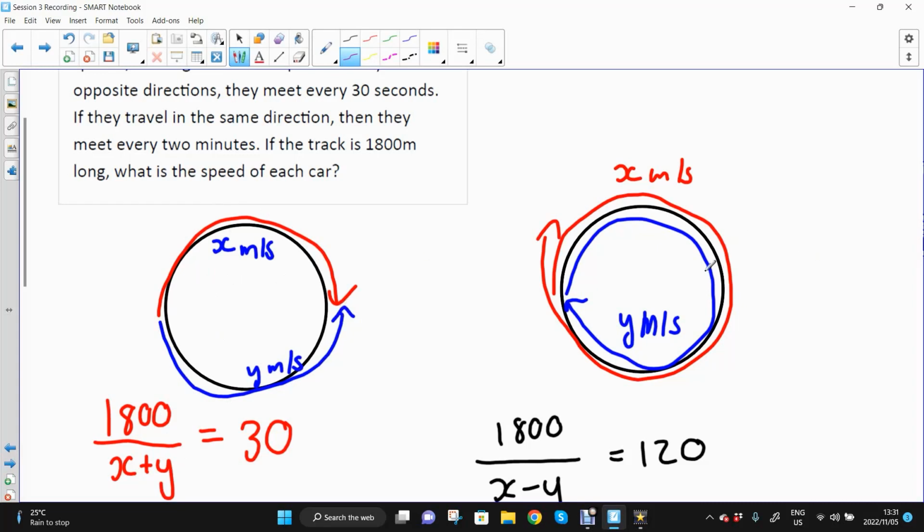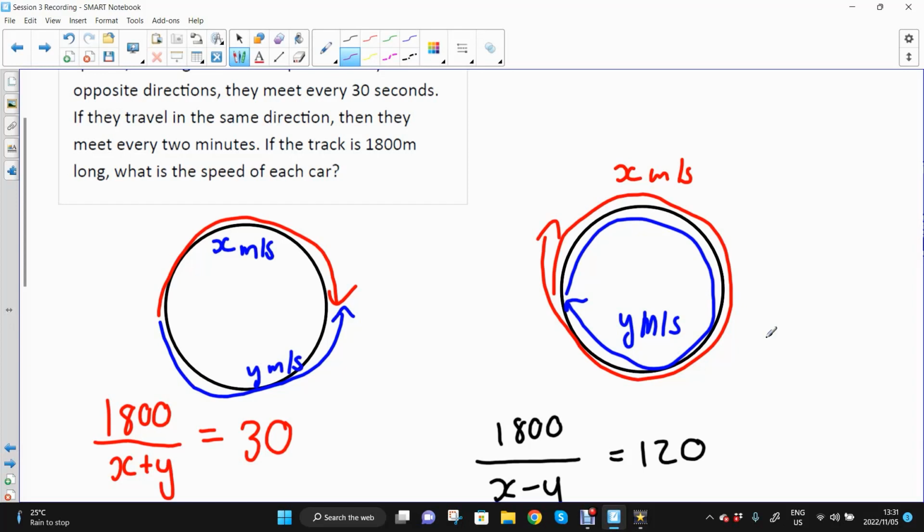Now the other scenario works a little bit differently. Here the two cars start in the same position, but they drive in the same direction. So you can see the two speeds are doubling up everywhere, and we don't want them to double up. We just want the total speed for them to meet up again.